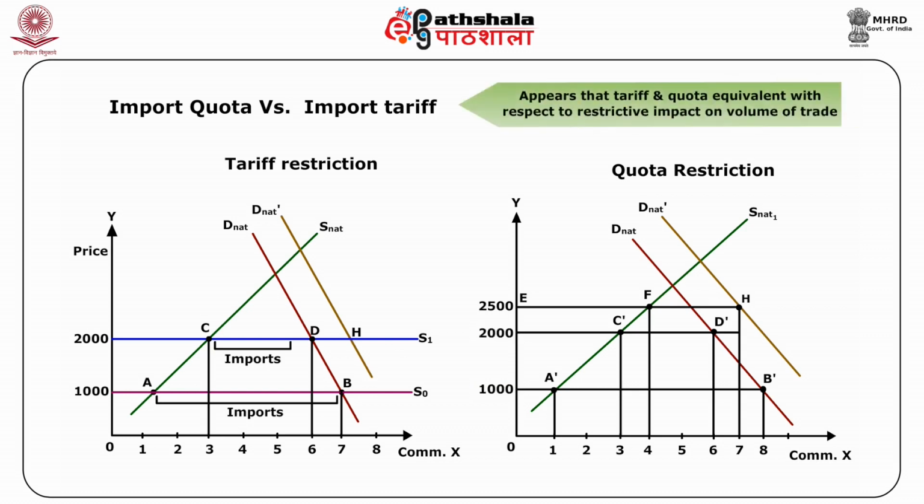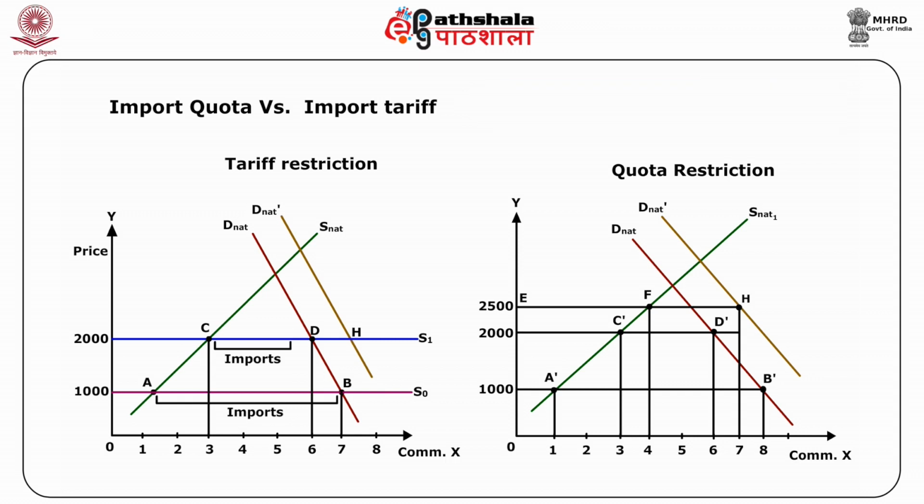So far it appears that the tariff and the quota are equivalent with respect to their impact on the volume of trade. Now suppose nation 1's demand for commodity X rises from D to D'.